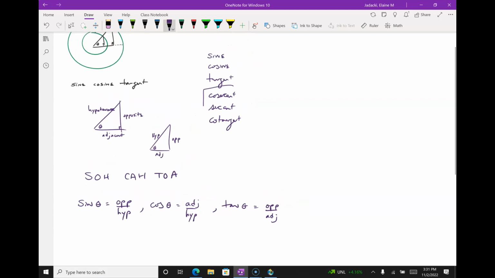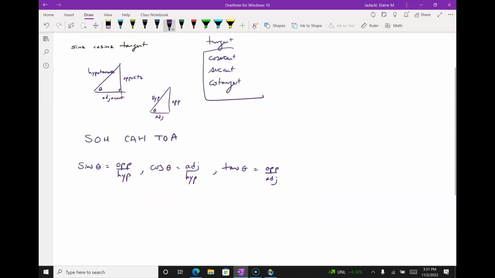We have these reciprocal trigs. Cosecant theta is hypotenuse over opposite. Secant of theta is hypotenuse over adjacent. Cotangent of theta is adjacent over opposite.